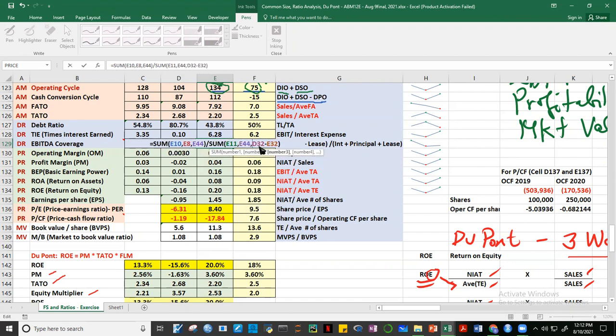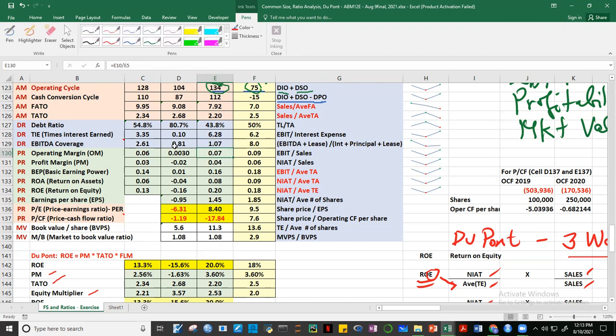So tatlo na dito. Control Enter. All right. Halos hindi naman nagbago. Not so much effect on 2018, but not so much for 2020 either. So E44, E44.